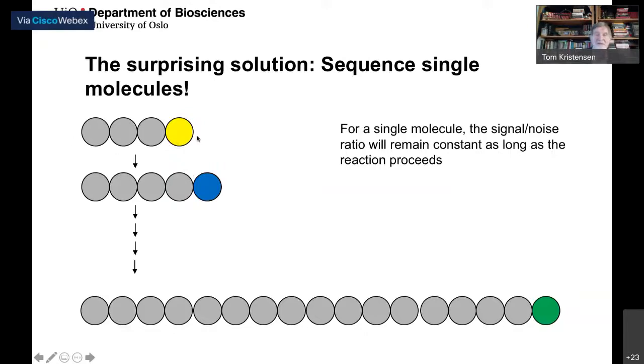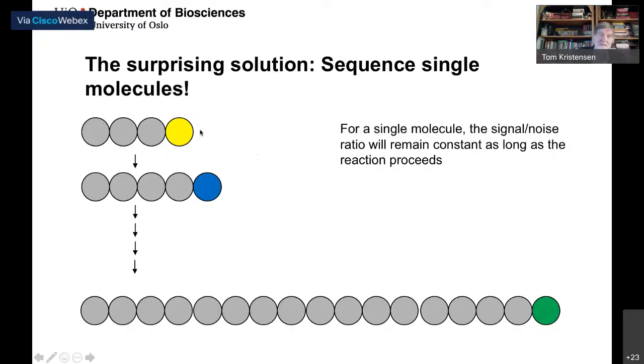We start here with one single molecule. We add something at the end, which is yellow and tells us it is a T. We go to the next step, add a new nucleotide, which we can identify as an A, and we continue like this as long as we can. And even after a number of steps here, the signal to noise ratio will be the same as it was in the beginning.